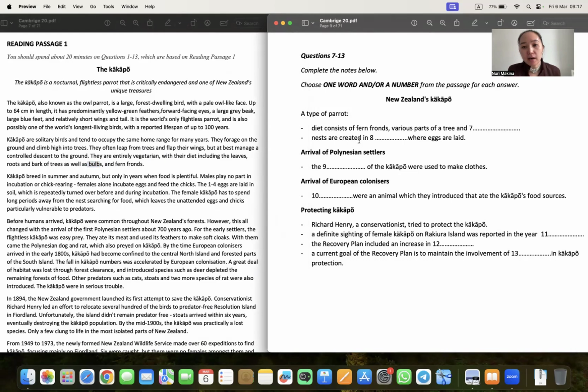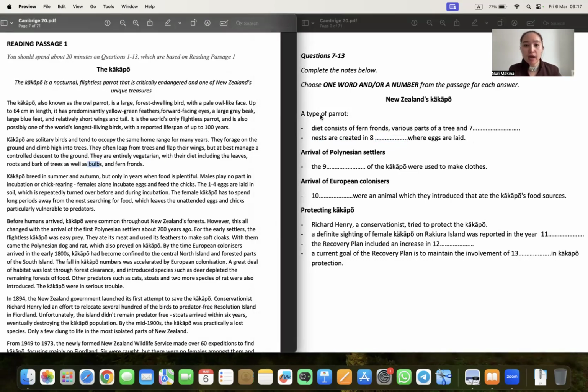Next, nests are created in blank where eggs are laid. Again, keywords. Please underline nests, created, and we need a place, where eggs are laid. Again, the answer is in the type of parrot section, in the three paragraphs in the beginning.